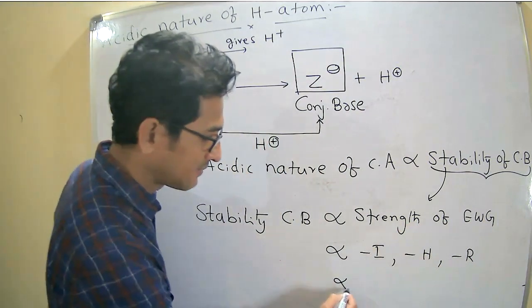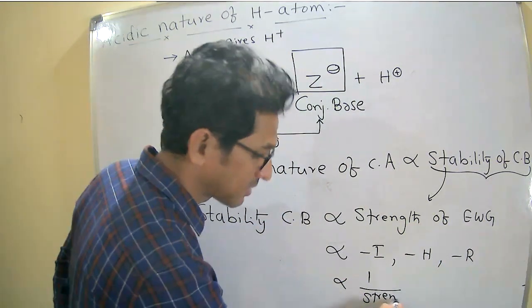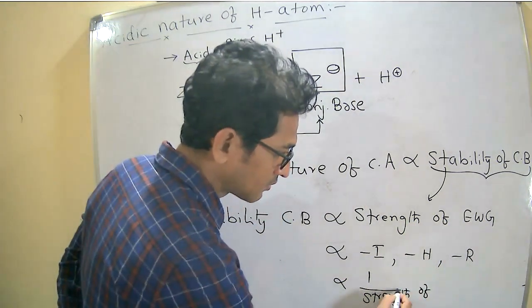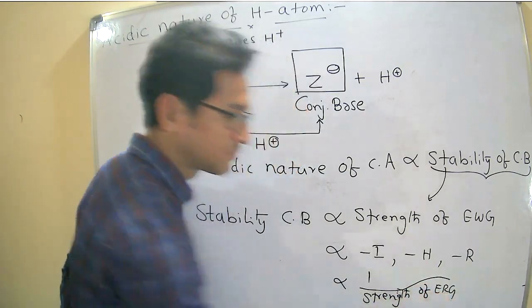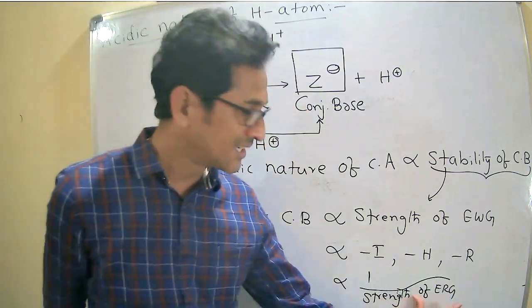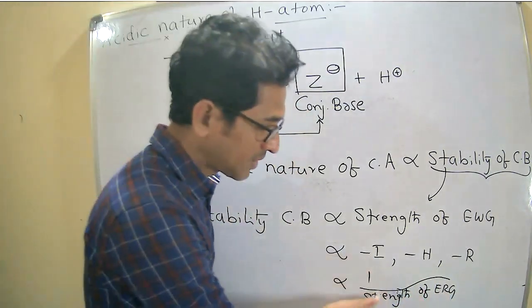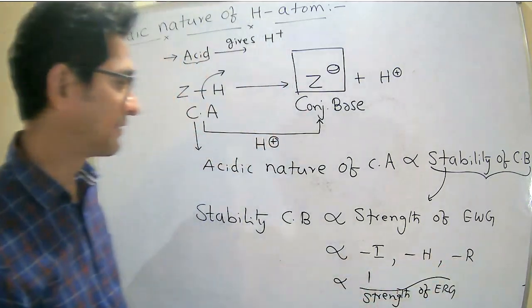Similarly, we can write that it is inversely proportional to the strength of electron releasing group. There you can write plus inductive effect, plus hyperconjugation, plus resonance effect.